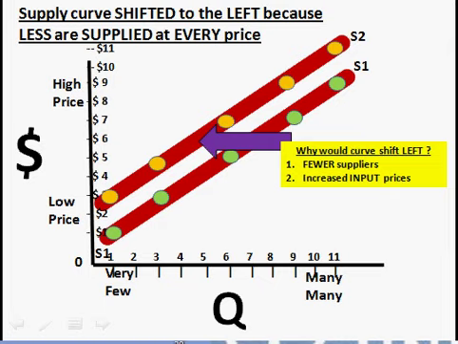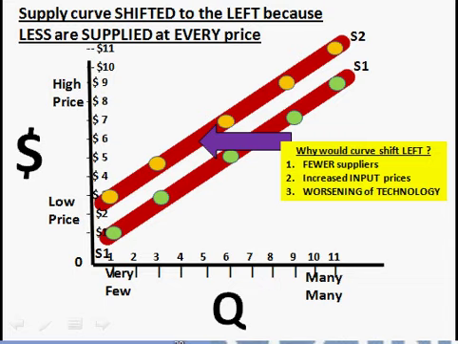In the case of coffee beans, let's assume that fertilizer is an expense of production, a cost of production of coffee beans, and if the cost of fertilizer goes up dramatically, then suppliers will be supplying less coffee beans at every price because their cost of production just went up.